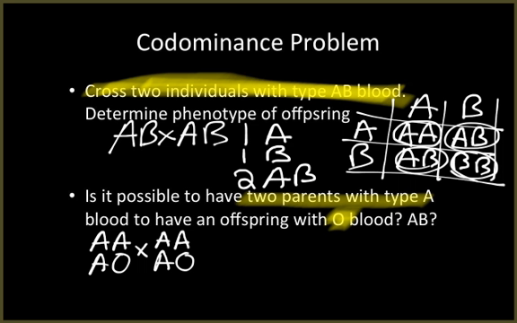Well, I see that if I cross these two, AA and AA, I'm going to get all A's. So we know that that can't work out. If I cross one of these with one of these, I'm going to have only one O. So the only way this could maybe happen is if I had used two AO. So let's cross those and see what happens.